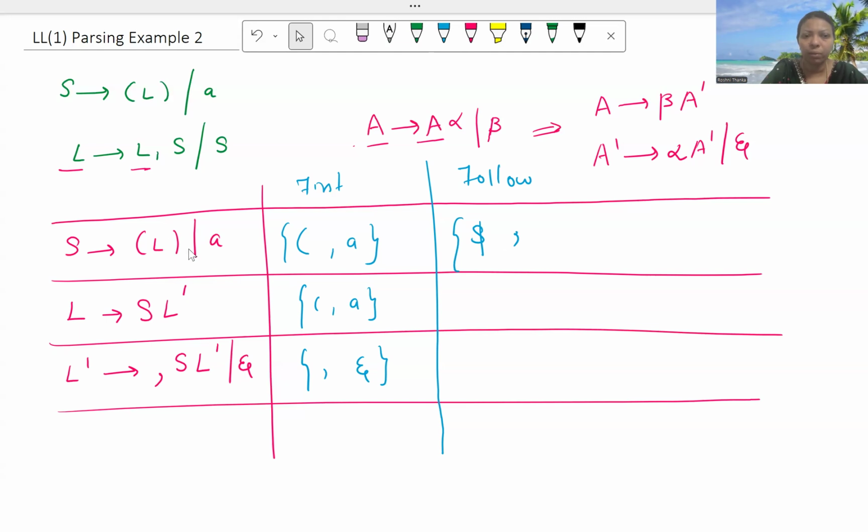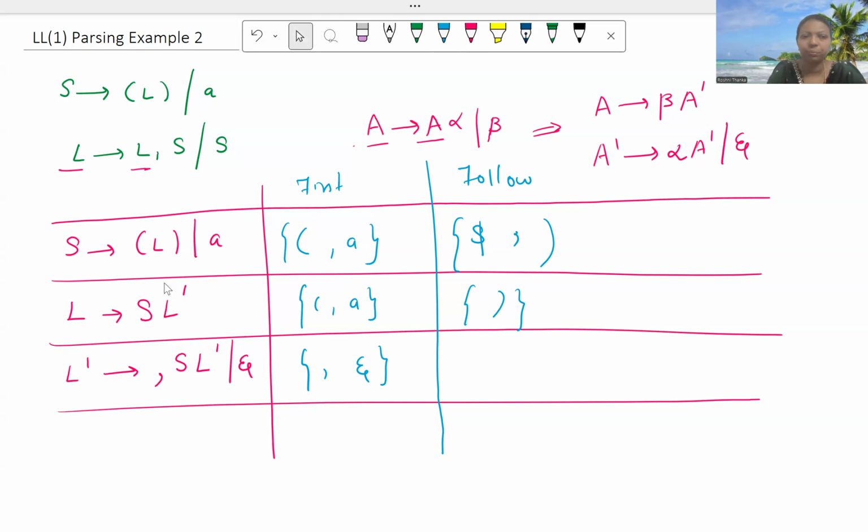After L, what is coming? The close parenthesis. So follow of L is only close parenthesis, because nowhere else does L come. So that close parenthesis will also come here.